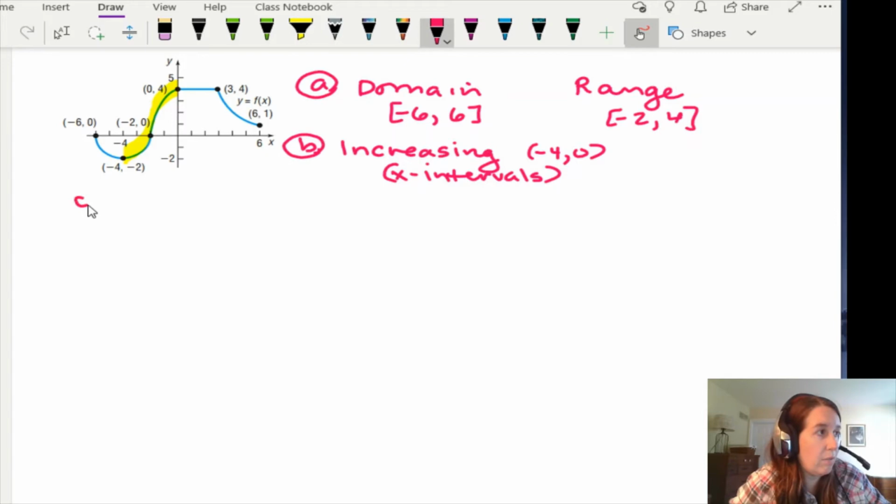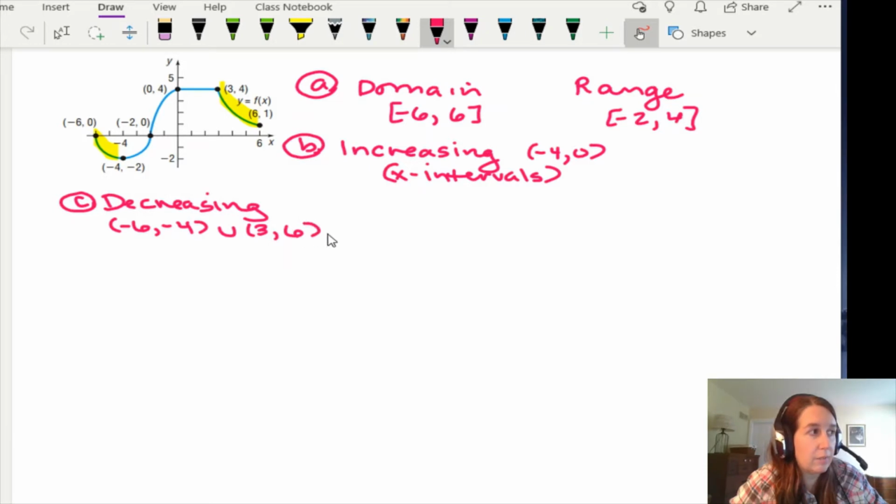All right, so then probably for letter C, we'd be asked, where is the graph decreasing? So where are we going downhill in this graph? Let's erase the uphill. Okay, so we start from left to right. Here's a downhill slope. Then we go uphill, flat, and then here's another downhill slope. So we have 2 intervals for this one, starting at -6, ending at -4, union with starting at 3 and ending at 6.